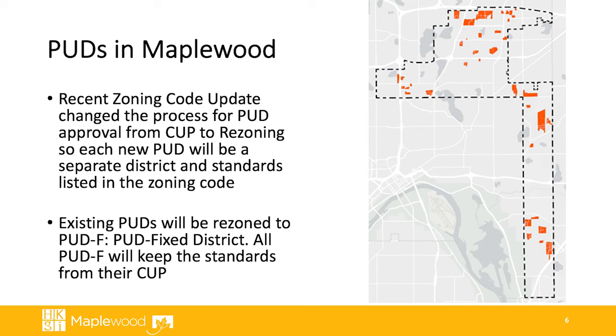All previously approved PUDs, which were approved by a conditional use permit, will be rezoned to PUDF Fixed District. The conditions for each PUD will remain the same as approved by the original conditional use permit. However, if a significant change is proposed to the PUD, then rezoning to a new PUD district will be required.